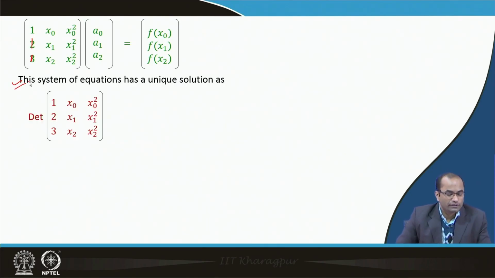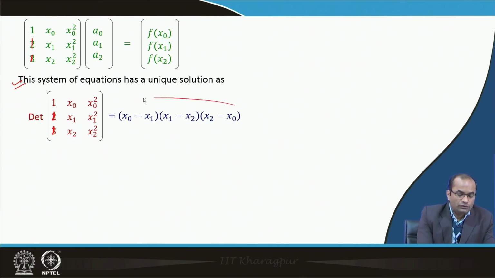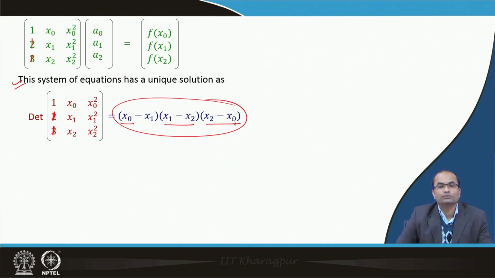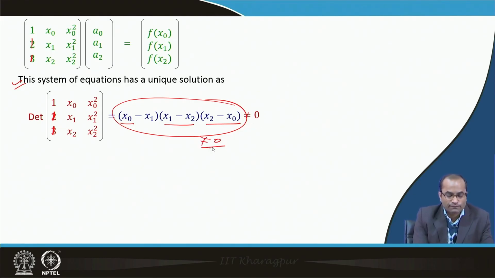Having this system, we now analyze whether this system of equations has a unique solution. When we compute the determinant of this matrix, we realize that its value is nothing but x naught minus x 1, x 1 minus x 2 and x 2 minus x naught. So, if these points x naught, x 1, x 2 are different, the value will be non-zero, and once the determinant is non-zero, we know that there will be a unique solution.